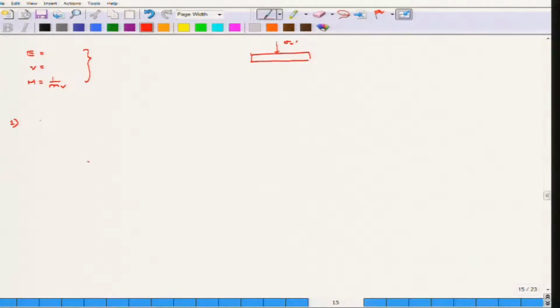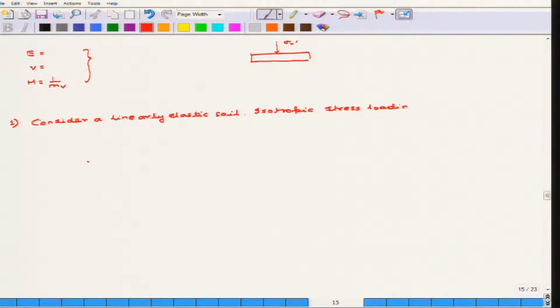So, in this case first let us consider a linearly elastic soil, and then it is asked that the sample is subjected to isotropic stress loading.